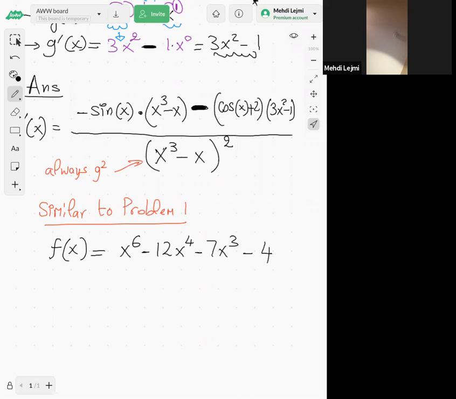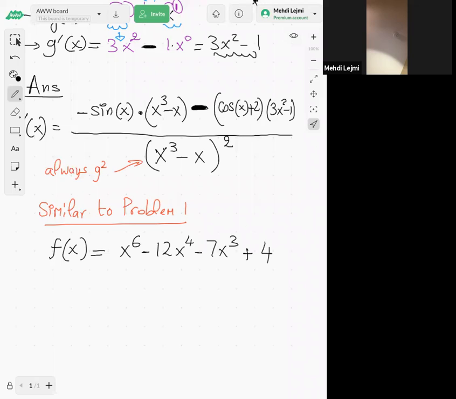So you have to ask yourself, is this a product? It's not a product. Is this a quotient? It's not a quotient. It's just subtraction, or let's say here you have plus 4, so it's either subtraction or addition.